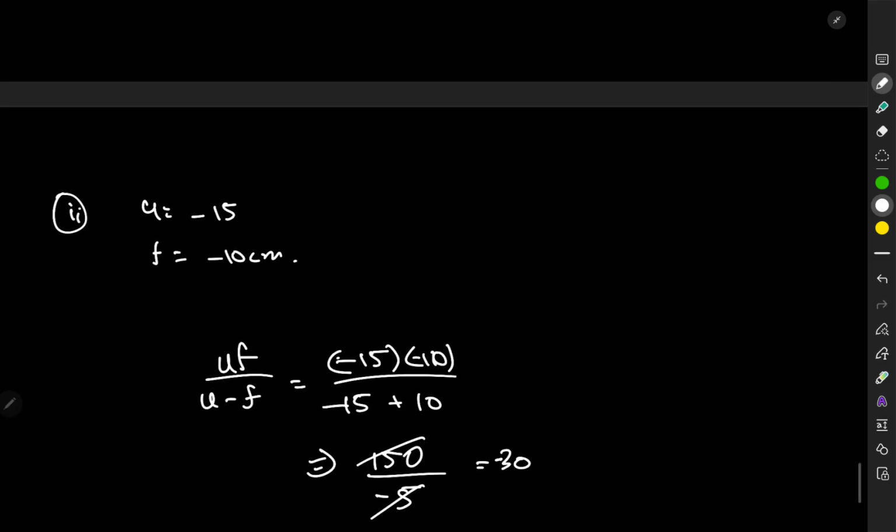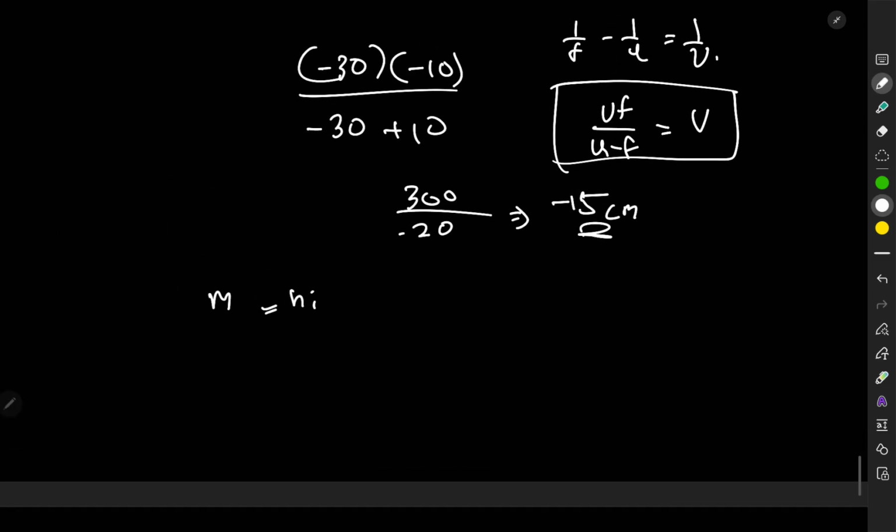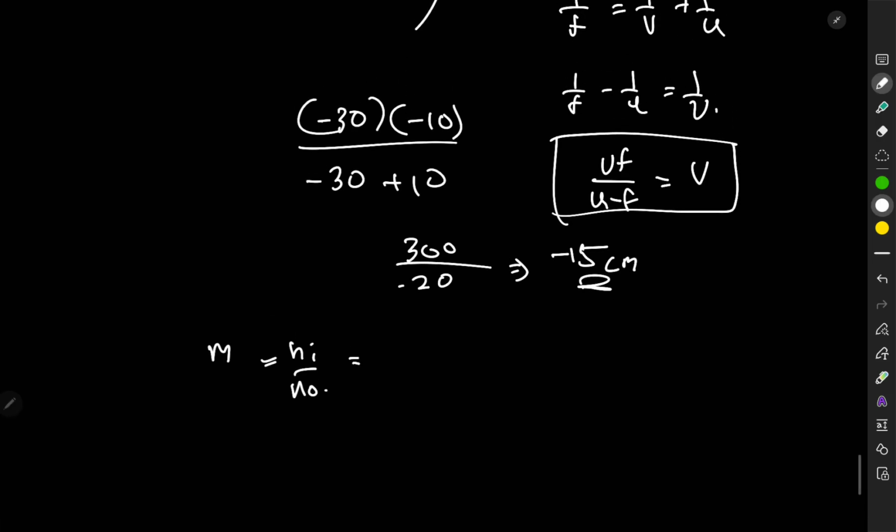Now we also need to find the magnification. hi by h0 is the magnification formula. So height of image, is it given? Height of image is not given, so we know that it is equal to minus v by u.